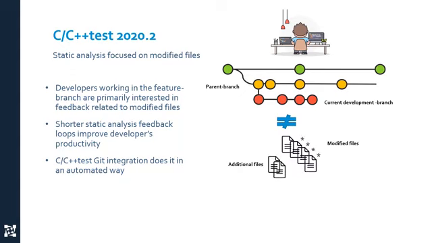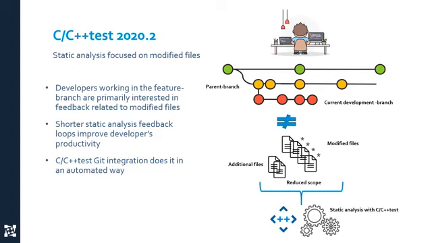This set will include all files modified by the developer, plus some additional files required for the successful static analysis execution. So instead of running the analysis on the entire project, which may take significant time, even hours, we run it on a minimal set of files that are automatically selected by the tool based on the integration with Git.